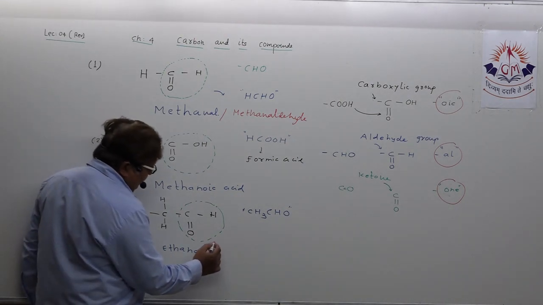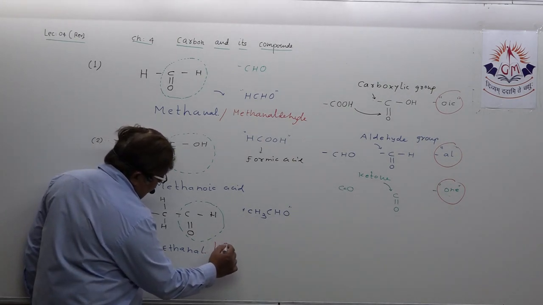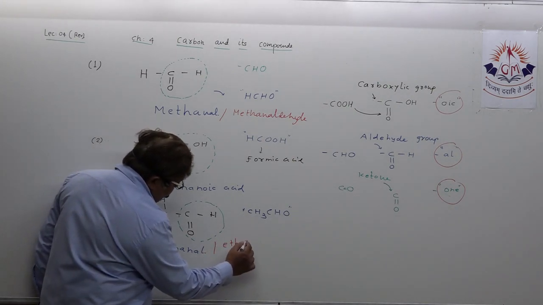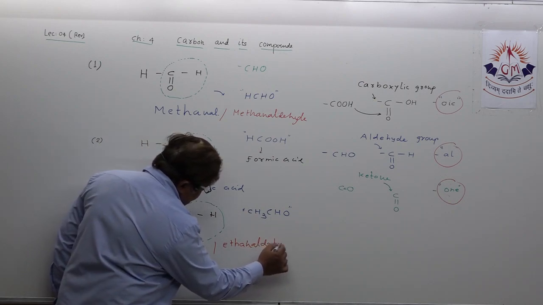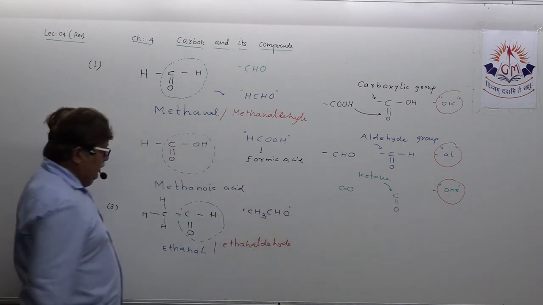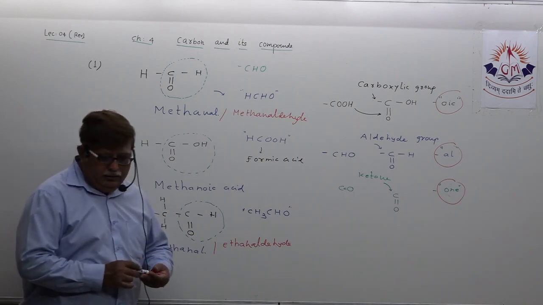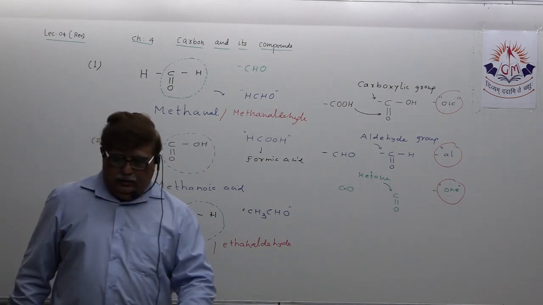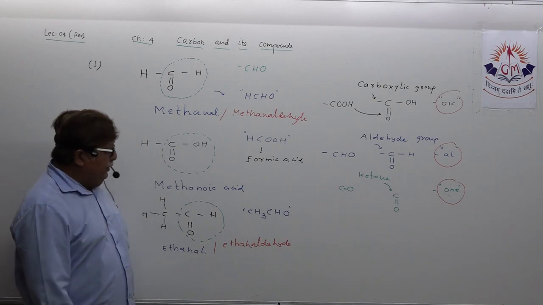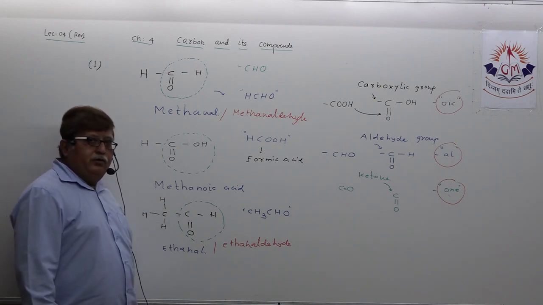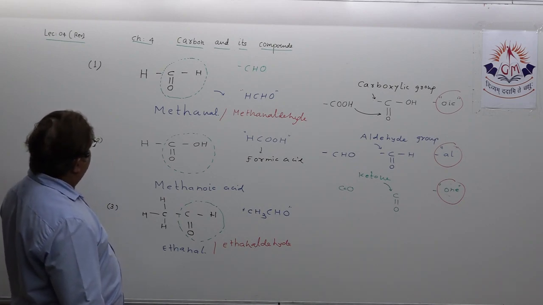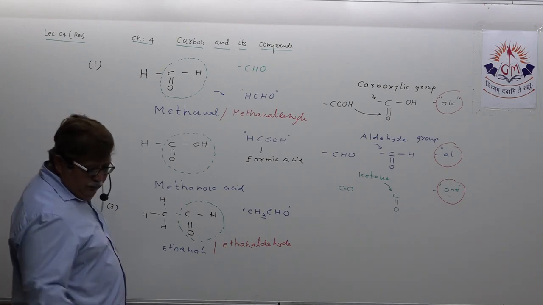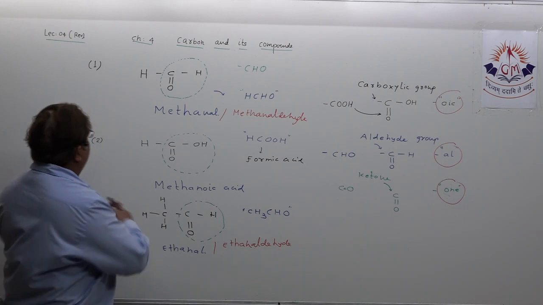Here I have named ethanal. You can also name it ethane aldehyde. That is also okay. Either you say ethanal or you say ethane aldehyde. That is also another way of naming a particular organic compound.